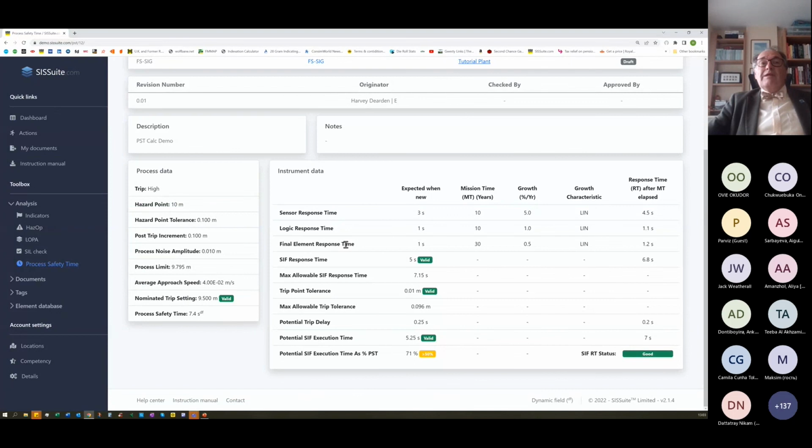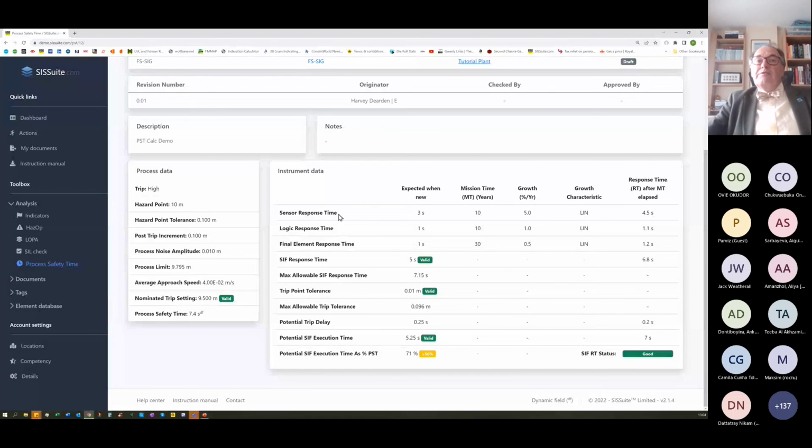So typically, if it's an electrical final element, if it is a contactor or breaker, then usually there wouldn't be any real difficulty in meeting the requirements. But depending on the process specification and how close to the wind you want to sail in terms of the trip setting, it could be a concern. Obviously, I've demonstrated all of this just by considering the final element response time. Logic, typically not a concern.